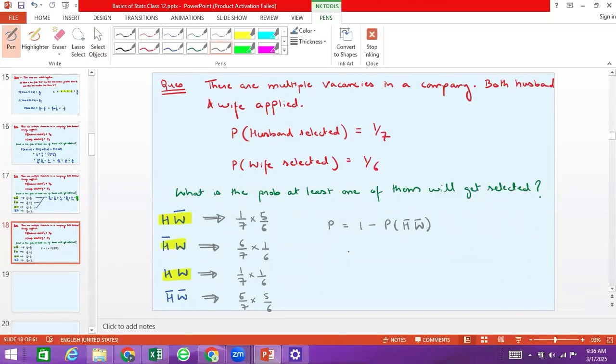Both will not get selected. That is 1 minus 6 by 7 multiplied by 5 by 6, which will be directly 2 by 7. Multiple ways to solve the same question.